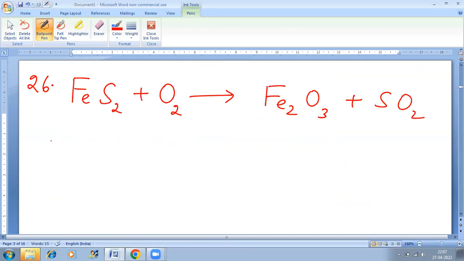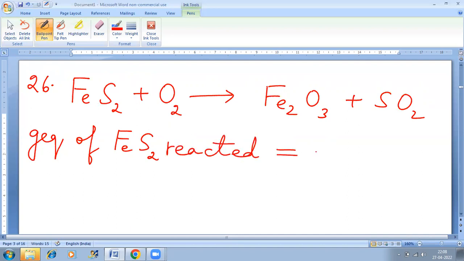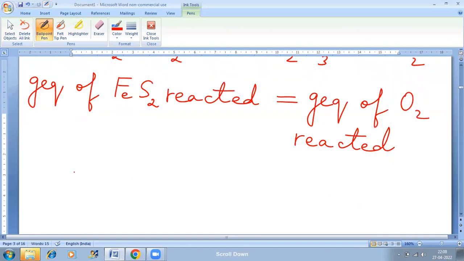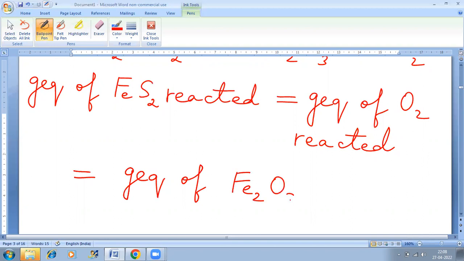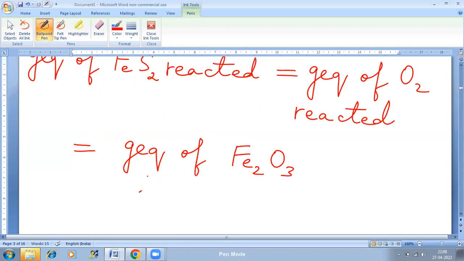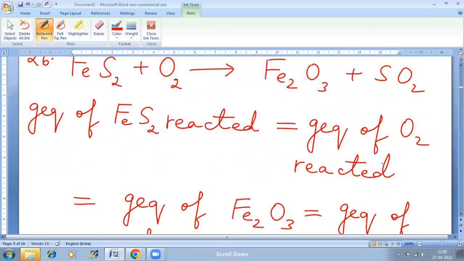Now see, I know that according to the law of equivalence, GEQ of FeS2 reacted will be equal to GEQ of O2 reacted, and this is equal to GEQ of Fe2O3 formed and that is equal to GEQ of SO2 formed.